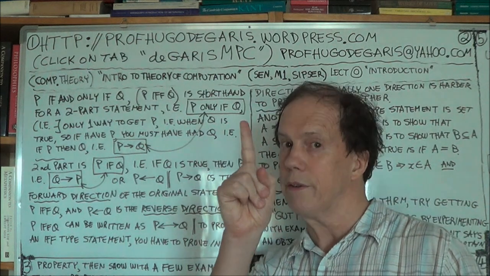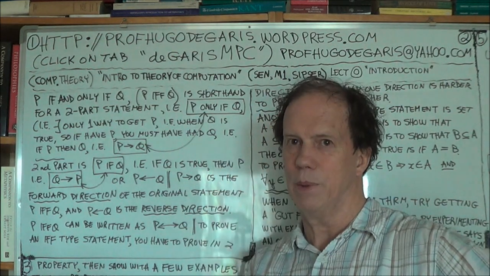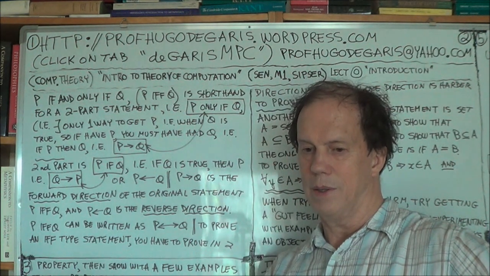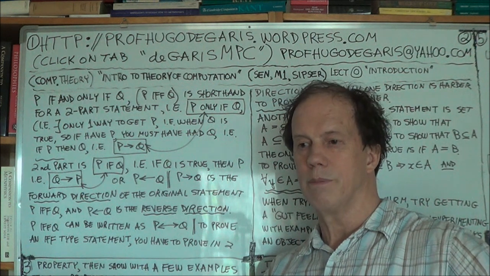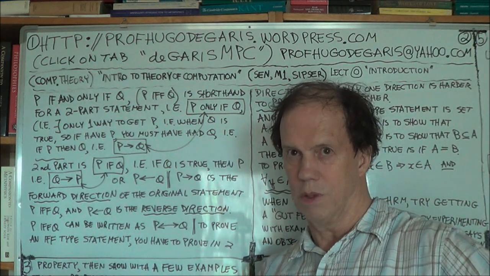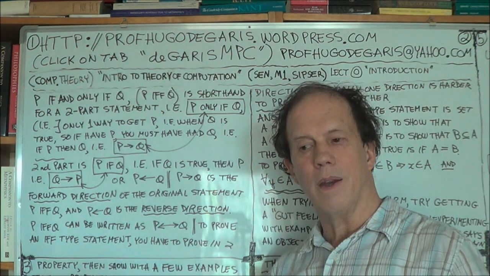You only need one, right? If you can find just one counterexample to a theorem statement, then that theorem statement is not true. Just one counterexample is sufficient to kill a theorem statement.